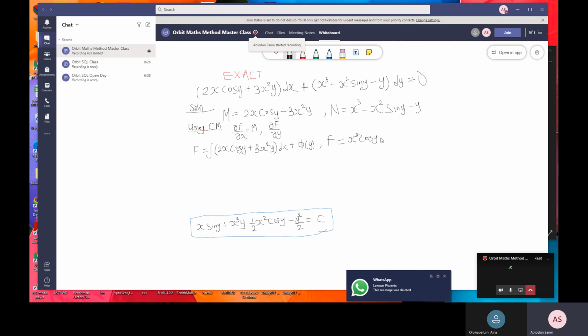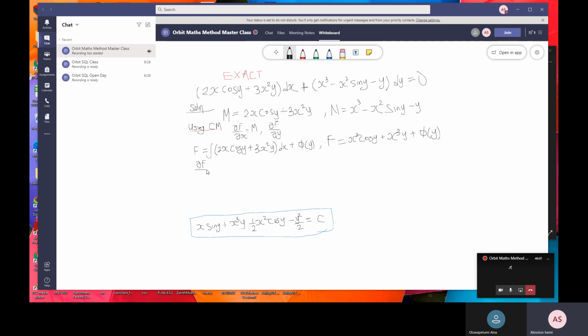Then this one I'm going to have plus x cubed y, then plus phi of y. So I've used the first condition. So the next thing is to differentiate partially with respect to y. So df dy from there. Yeah, this is my solution. But what I need to find is this phi of y.